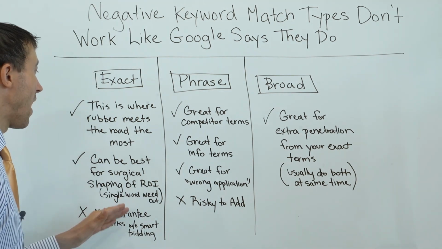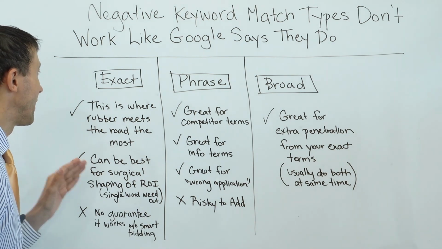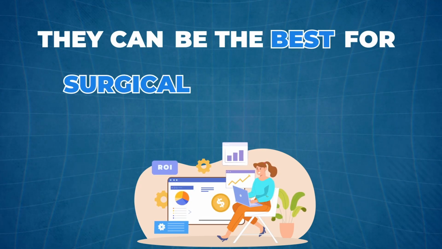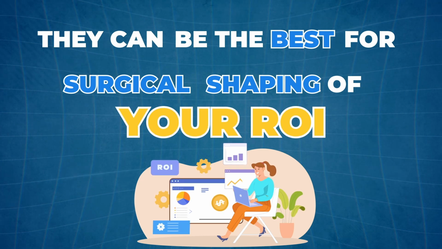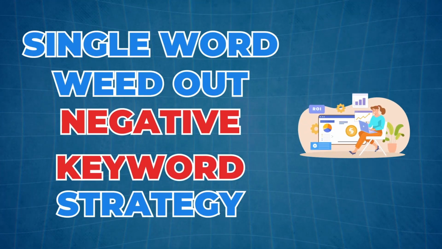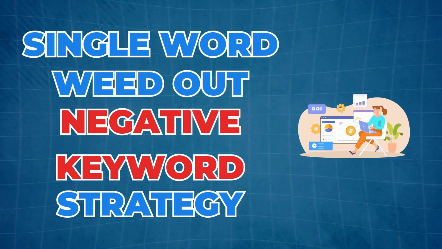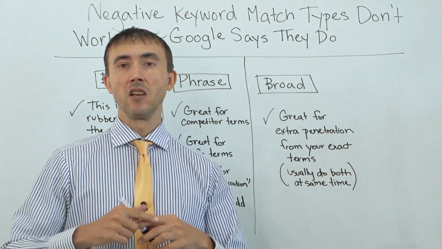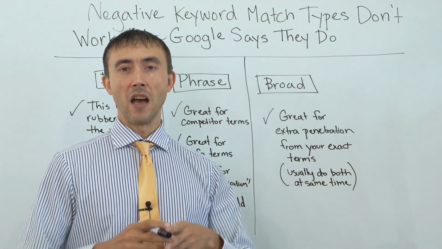But beyond that, okay, the other thing to know about exact match negative keywords is they can be the best for surgical shaping of your ROI, with a technique that I call the single word weed out negative keyword strategy. I don't hear anybody else talking about this. This is something that I specifically came up with myself and coined.